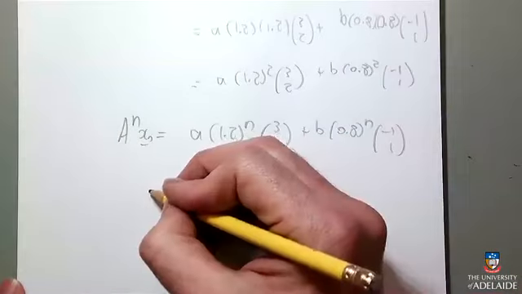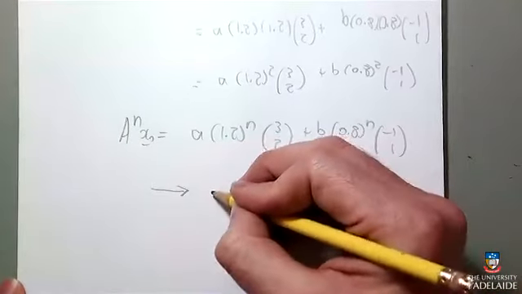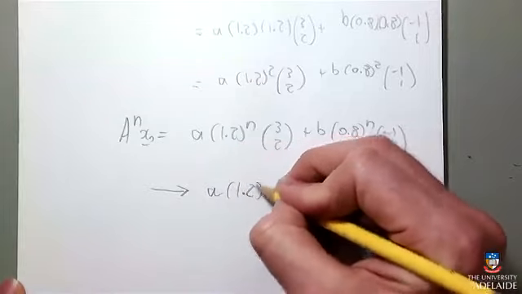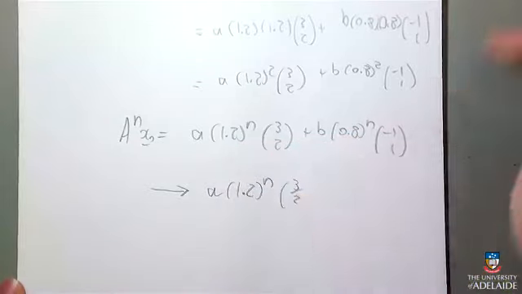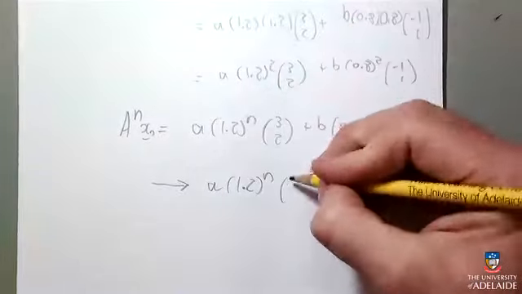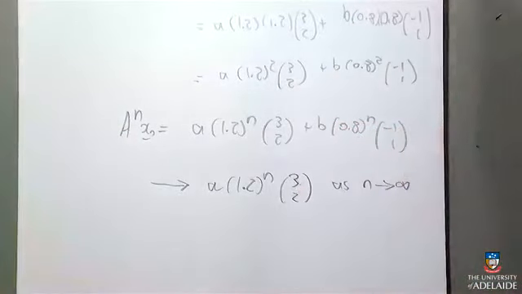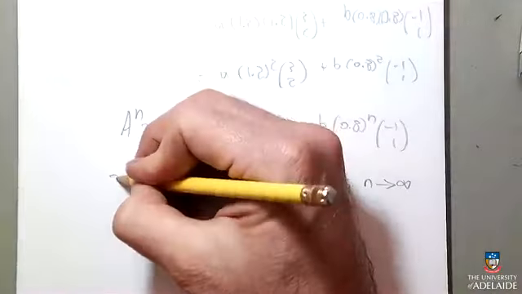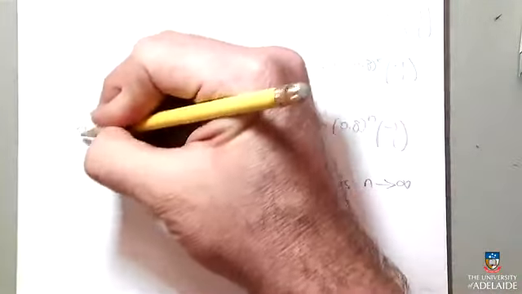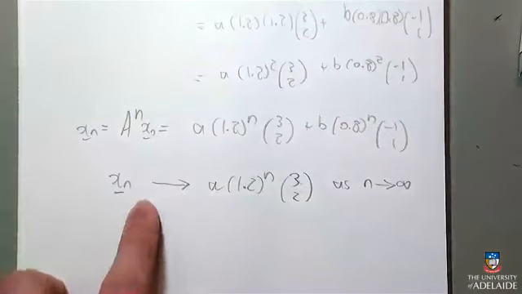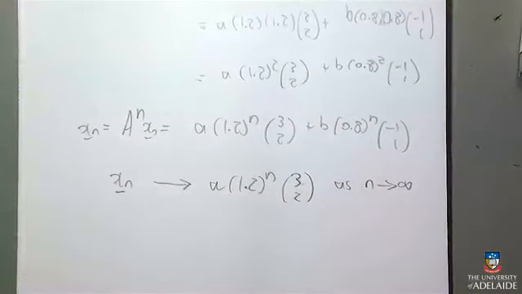So this approaches, damn it, it's not 3 on 2, it's the vector 3, 2. Because this thing here is what xn is. So xn goes to here as n goes to infinity.